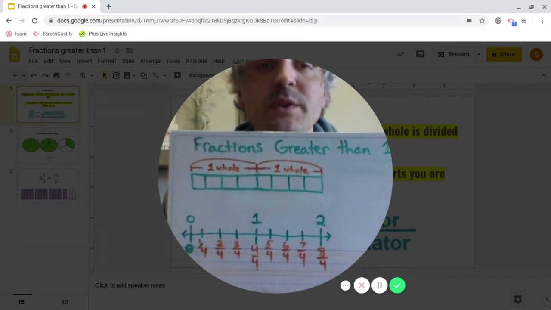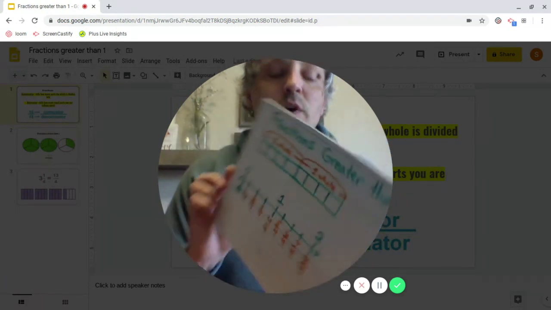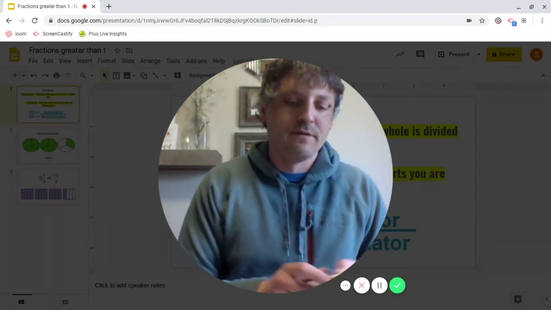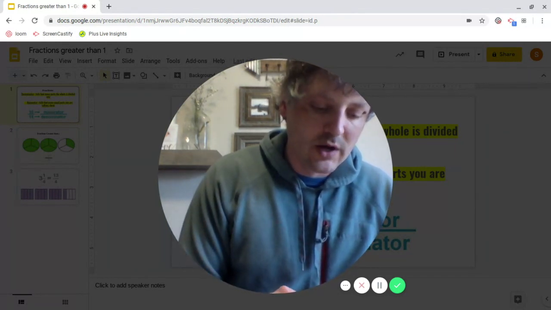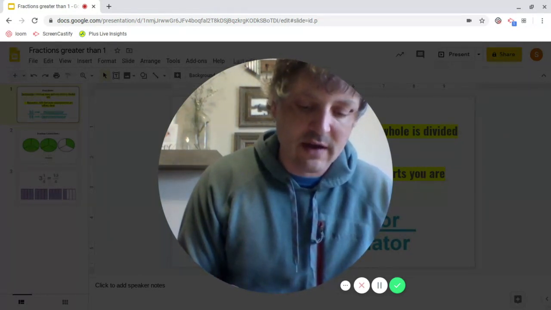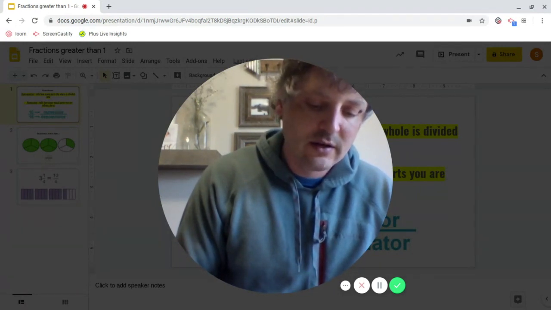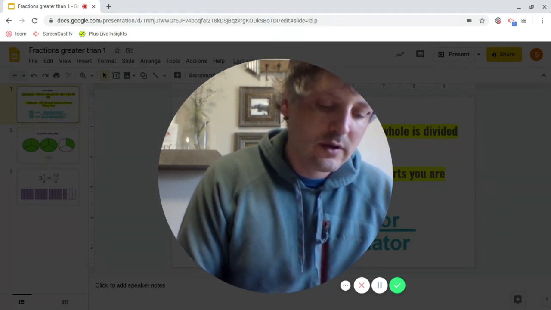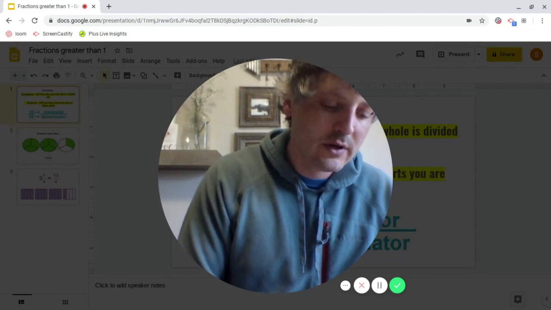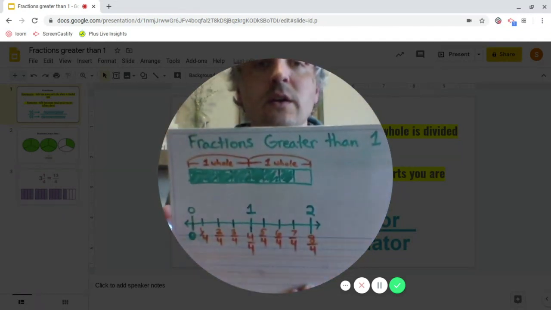And if I were to say, can you find me 7/4? If I were to go on my fraction bar, I would count up 7 sections, 1, 2, 3, 4, 5, 6, 7, and I would shade all of those sections in. So 7/4 would look something like this on a fraction bar on the top.